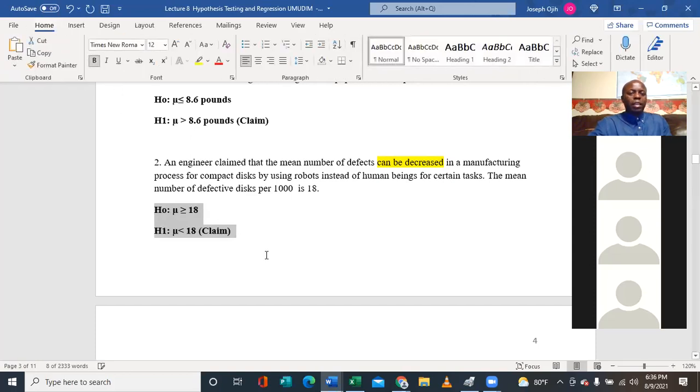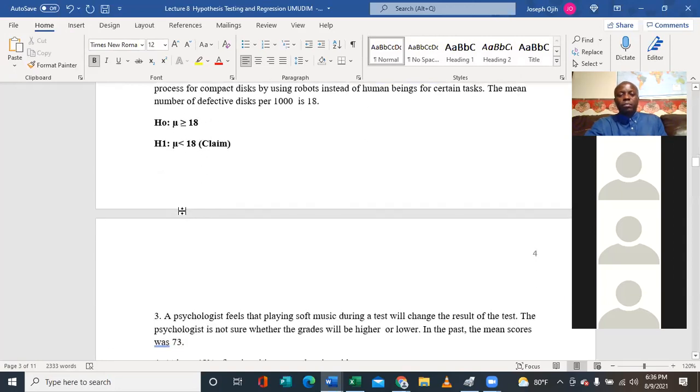Now, some people ask, will the claim always be in the alternative? No, it will not always be in the alternative. Sometimes it can be in the null. It depends on how the question is worded. As a matter of fact, in some questions, what you're going to put here is the equal sign, instead of less than or equal to. So it depends on how it is worded.